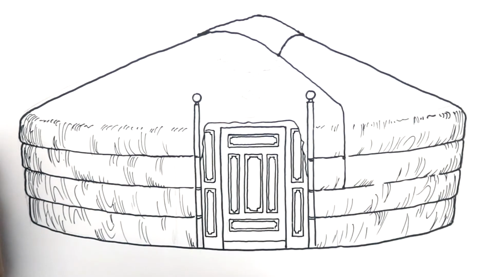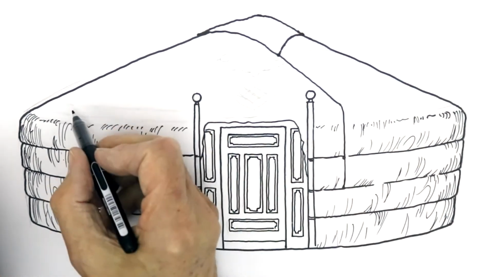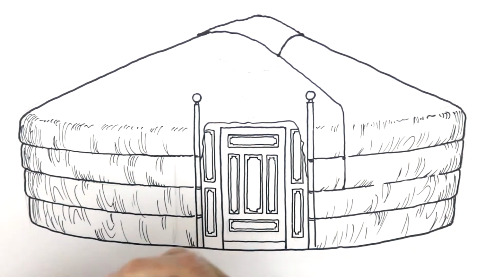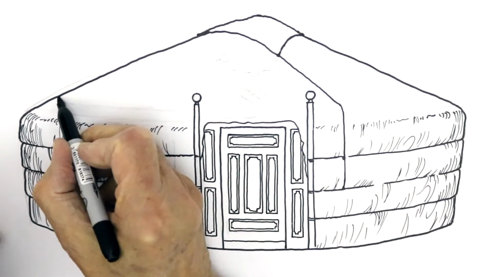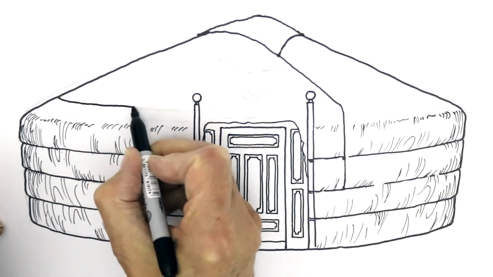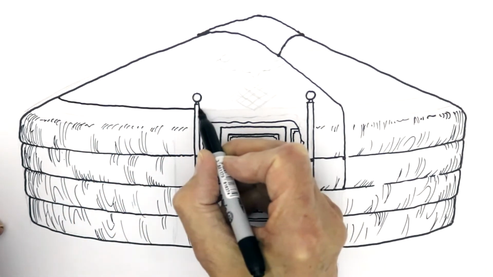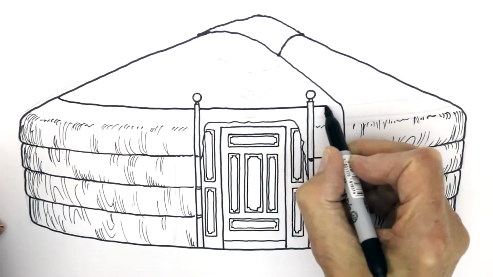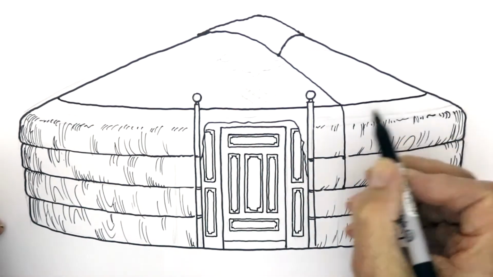Now the other decoration consists of lines, which I'll put in, I think, with a heavier pen here. A couple of lines like this run right around the yurt. Like that.